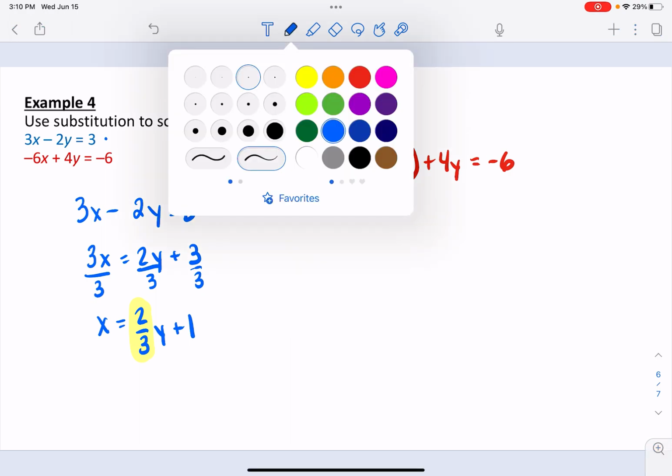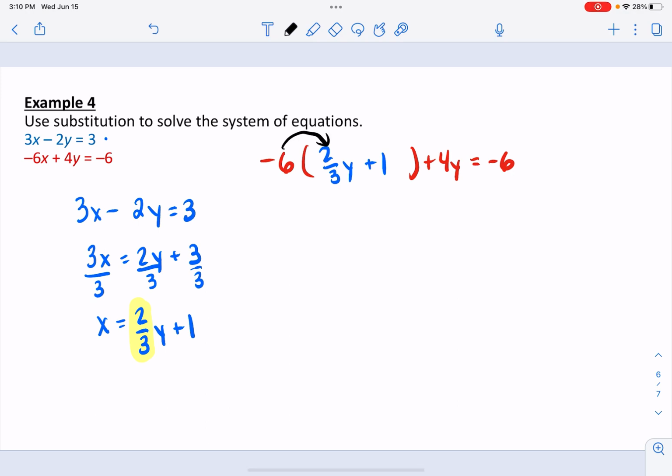Now, distribute the negative 6 through. I'm going to do a little work up here. Negative 6 times 2/3 is a negative 4y, minus 6 plus 4y equals negative 6.